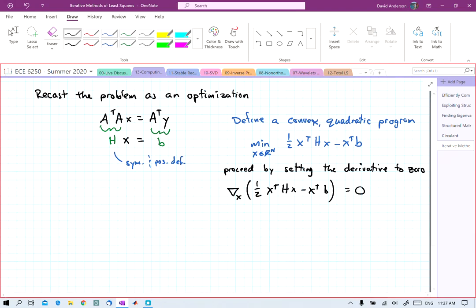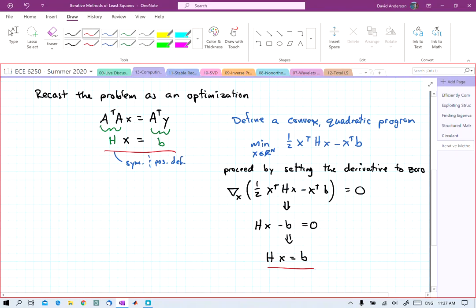Okay, well, when we take this derivative, we get Hx minus b equal to 0, or Hx is equal to b. Funny thing, that's what we had before.